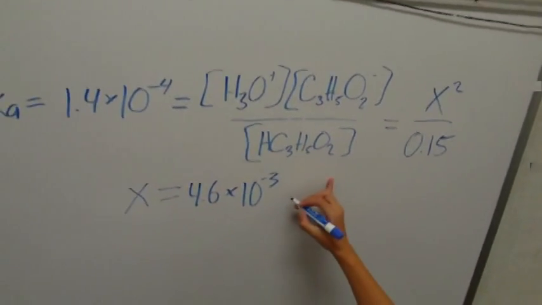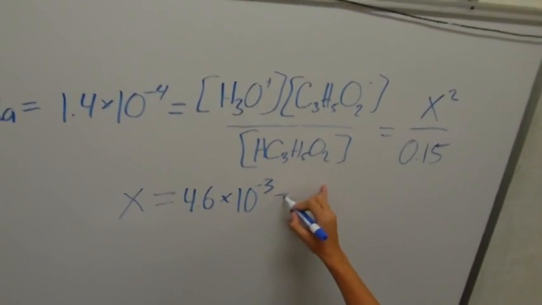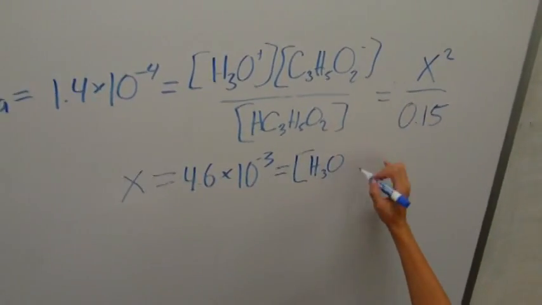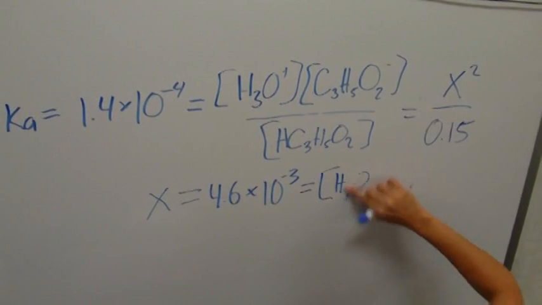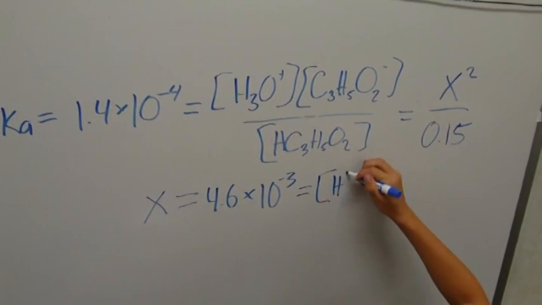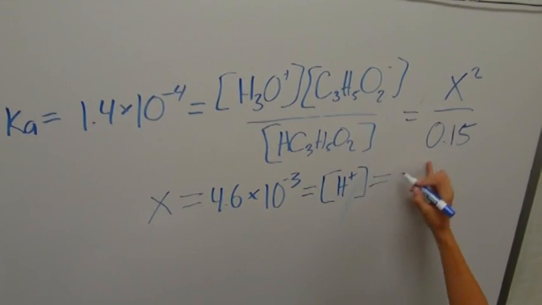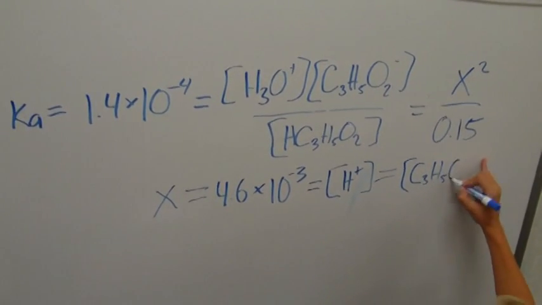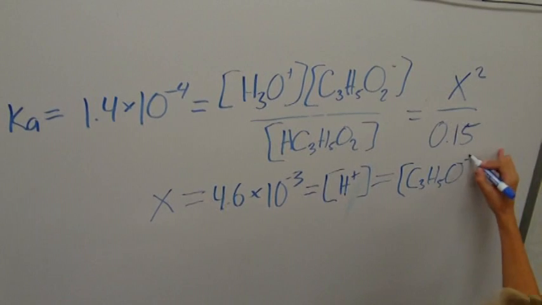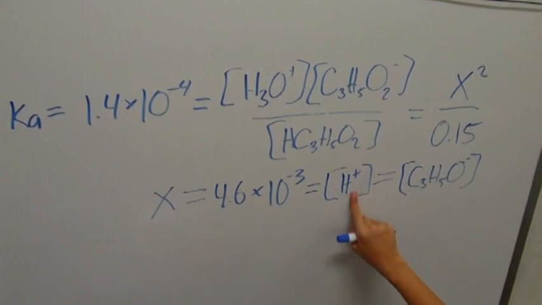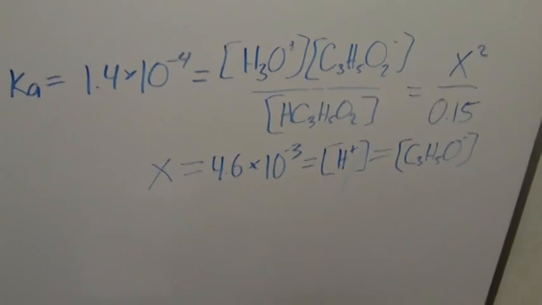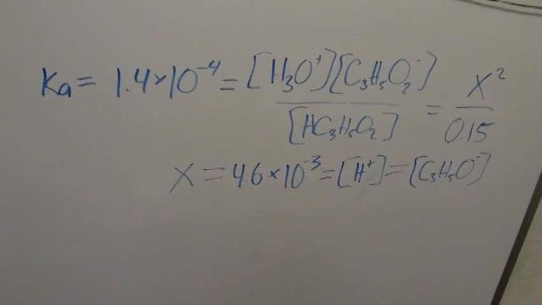So that means that's the concentration for our H3O plus, which can also just be written as H plus, and also for our anion concentration.